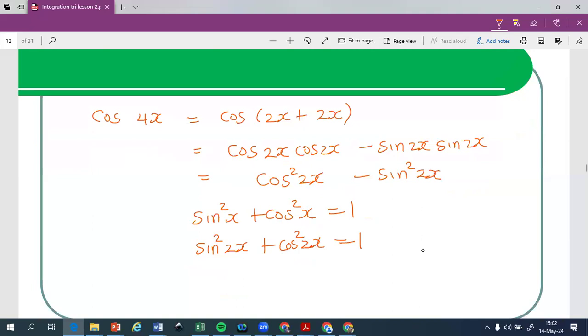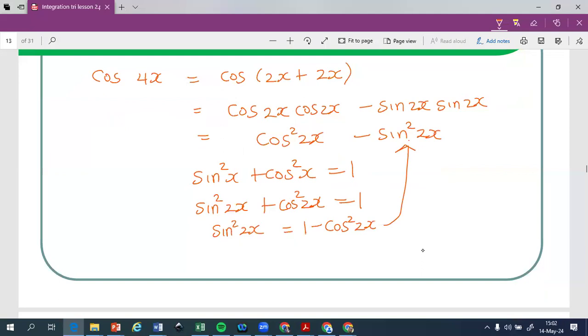Now, since I want to eliminate sine, I will say my sine squared 2x will equal 1 minus cos squared 2x. Now I come back here and substitute. We shall come up with cos squared 2x minus (1 minus cos squared 2x).